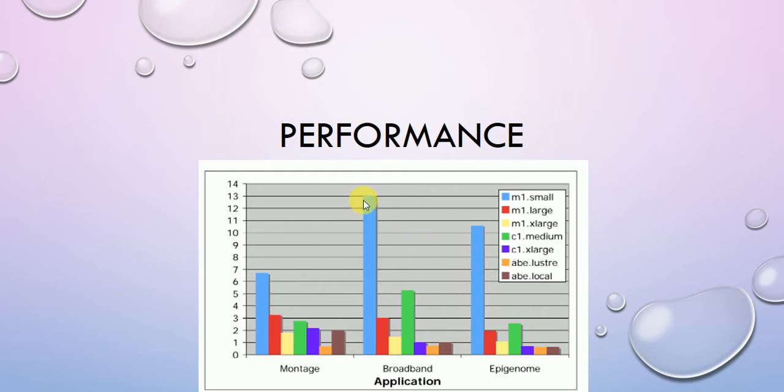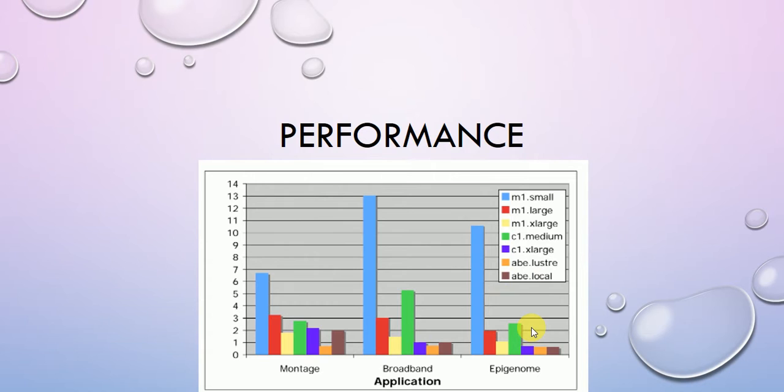M1 small and C1 medium are the green ones, which also have the lowest amount of memory, around 1.7 GB, as shown in the table. This is because M1 small has only half a core and C1 medium can only use one of its two cores because of the memory limitations.